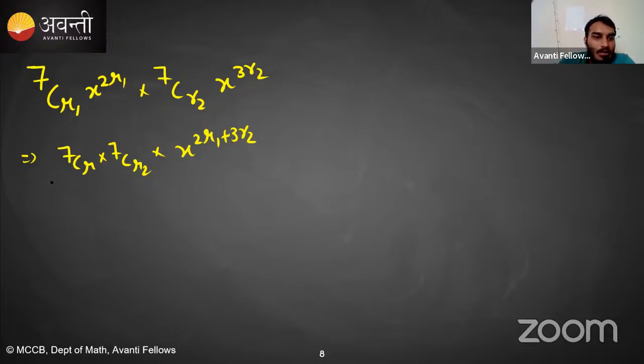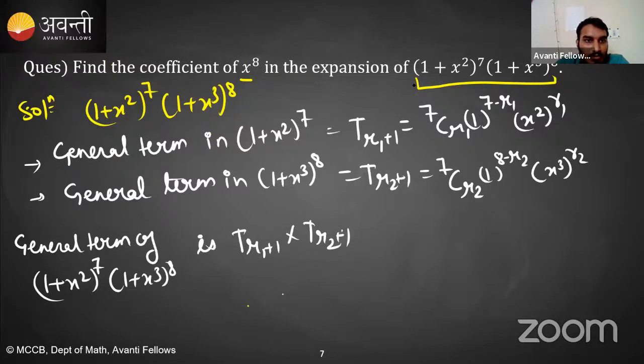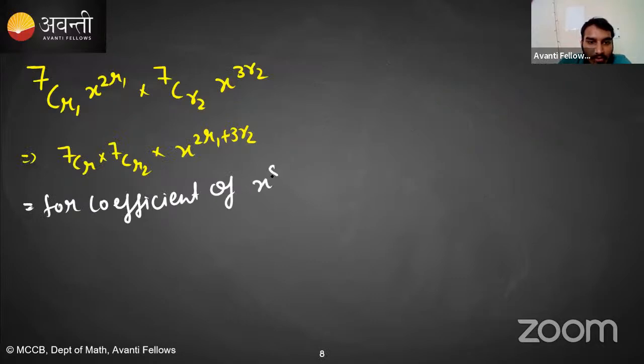Okay. So now, students, yes, very good, Namrata, very good. For the coefficient of x raised to the power 8, 2r1 plus 3r2 should be equal to 8, isn't it?